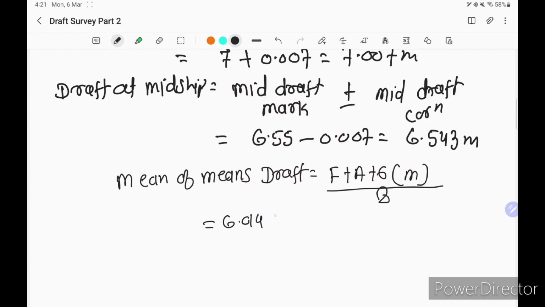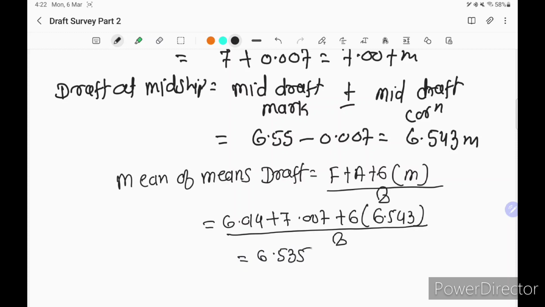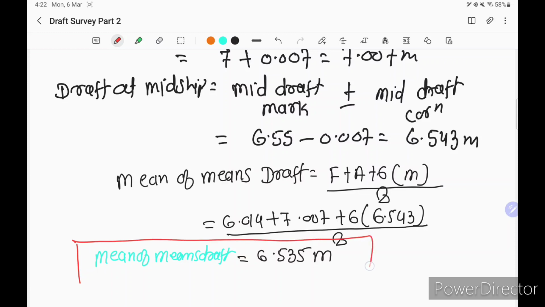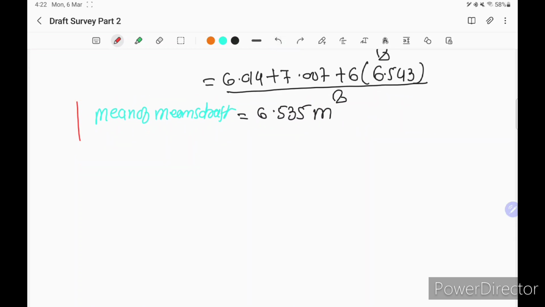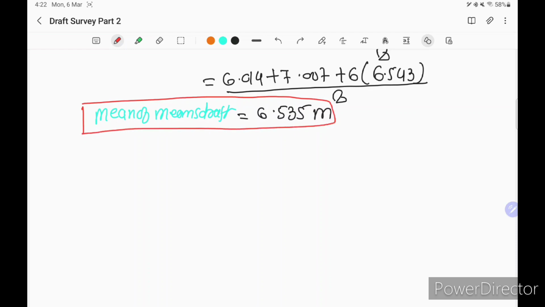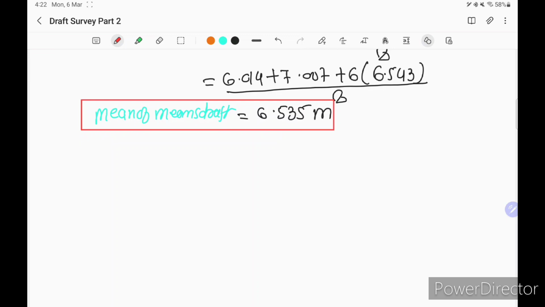So 6.014 plus 7.007 plus 6.543 divided by 8 will get the 6.535 meter. This is the mean of mean draft.